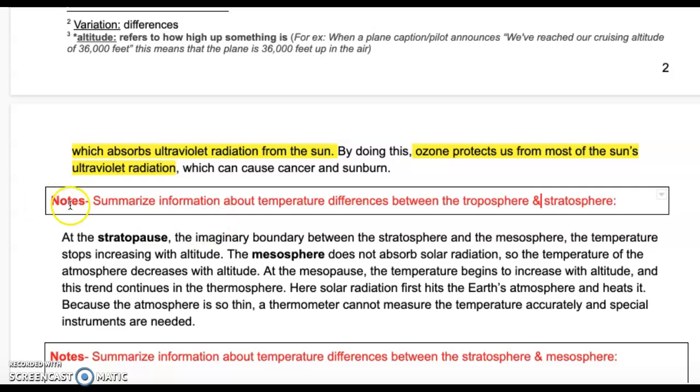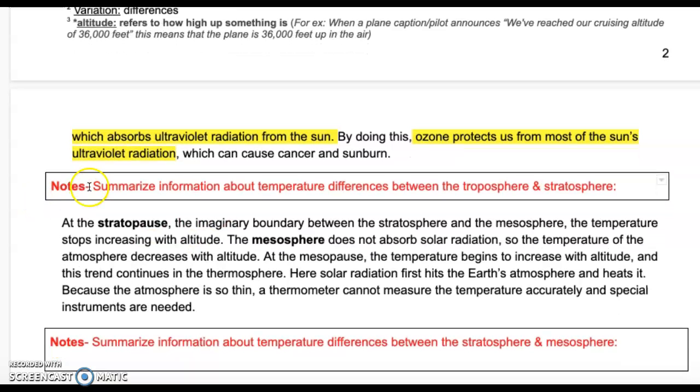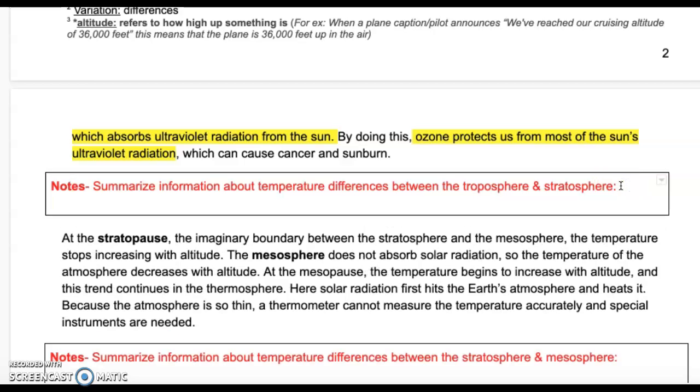So in this one-sentence summary, you're going to summarize information about the temperature differences between the troposphere and the stratosphere. You might want to start with something like, in the troposphere, the temperature is hotter the closer you are to the land and Earth's surface.